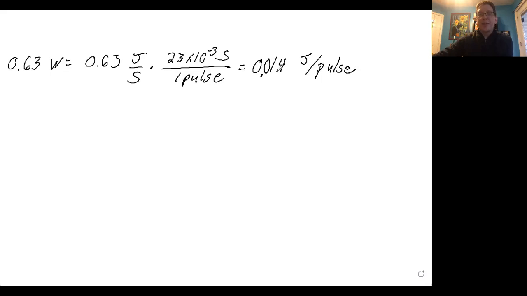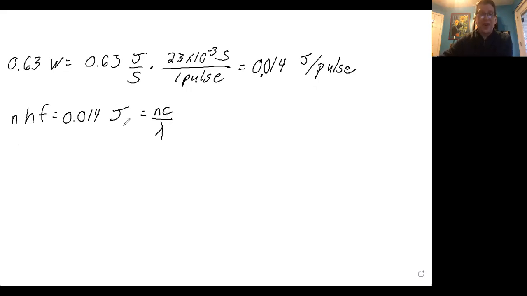So you want to convert the 0.014 joules into a total number of photons. So N h f is equal to the total amount of energy in the pulse, which is 0.014 joules, the total amount of energy per pulse. Since we're not given the frequency, we're given the wavelength, we can write that as N times h c over lambda.